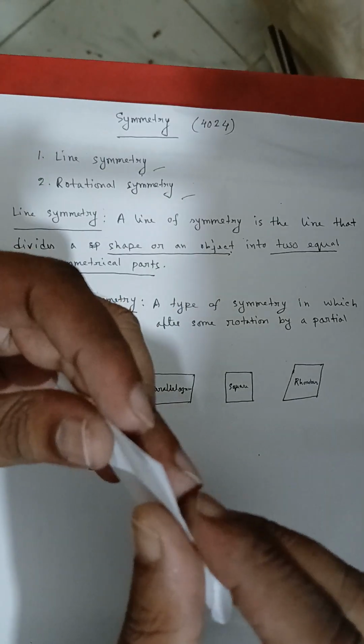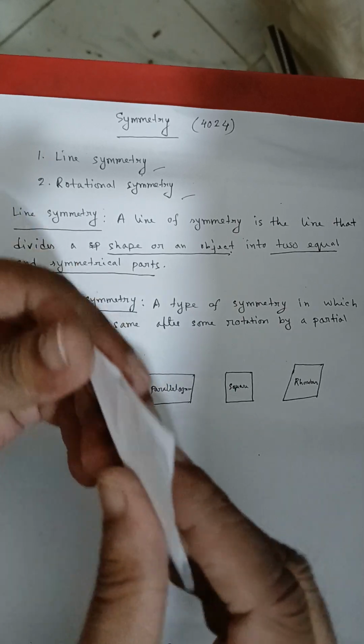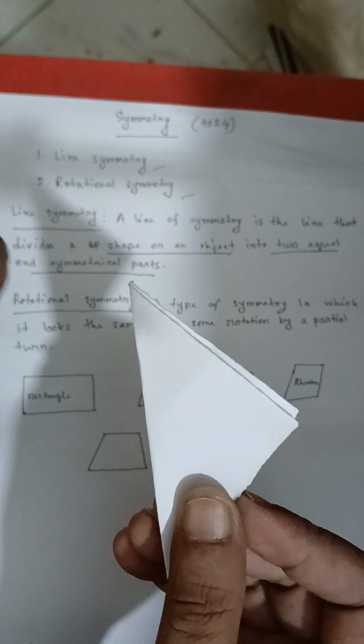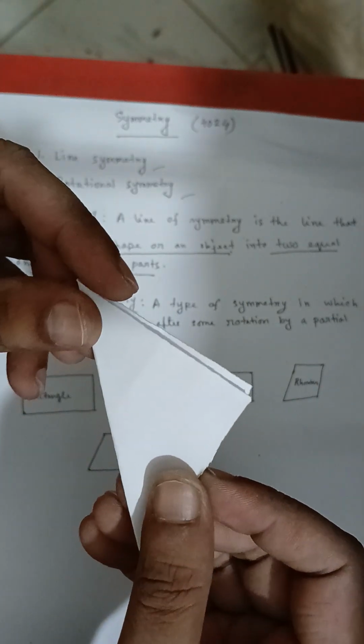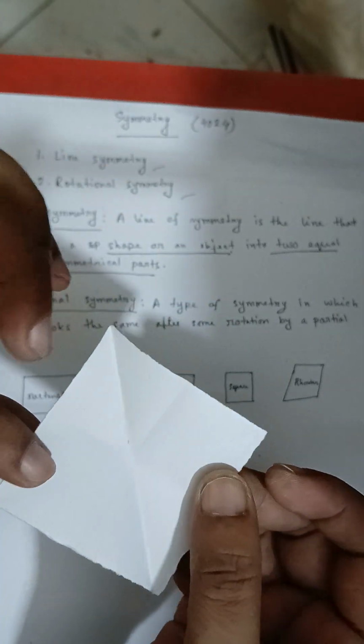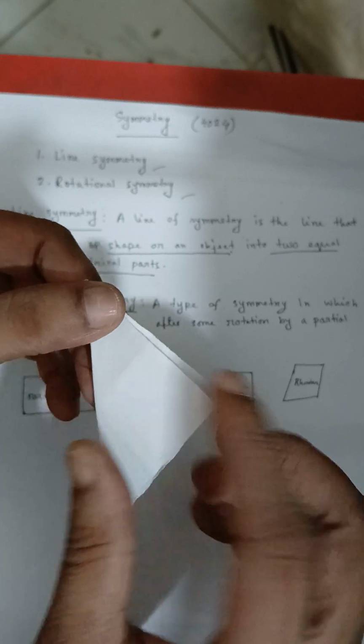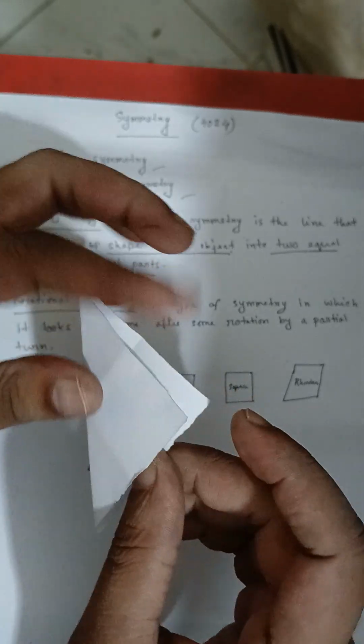If I fold it diagonally, it divides equally into two parts, right? And one surface overlaps the other, right?